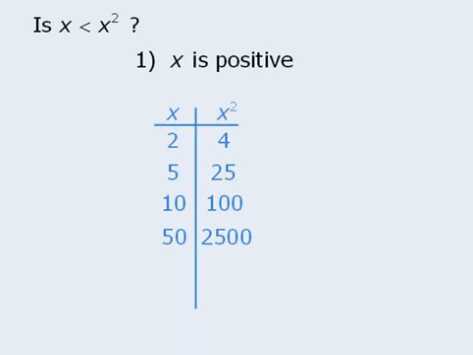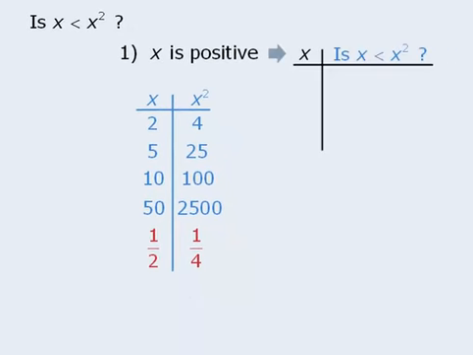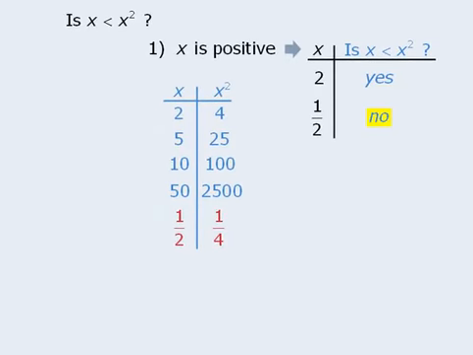However, numbers between 0 and 1, such as 1/2, become smaller when squared. This concept is tested often on the GMAT, so watch out for it. So when x equals 2, the answer to our target question is yes, and when x equals 1/2, the answer to our target question is no. In this case, we can say with certainty that statement 1 is not sufficient.